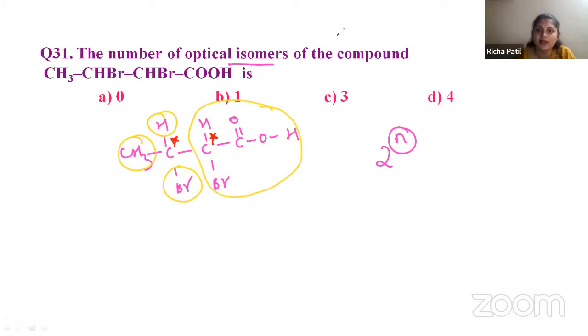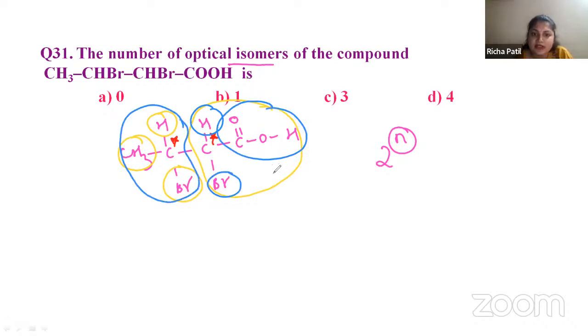Then I'll check with the other carbon: 1, 2, then this is the third group, and this is the fourth. So this is correct. This has two chiral carbons, so 2 raised to 2, which is 4. So the number of optical isomers is 4. The answer is D. Whenever you want to calculate the number of optical isomers, it is 2 raised to n, where n is the number of chiral centers. Remember this.